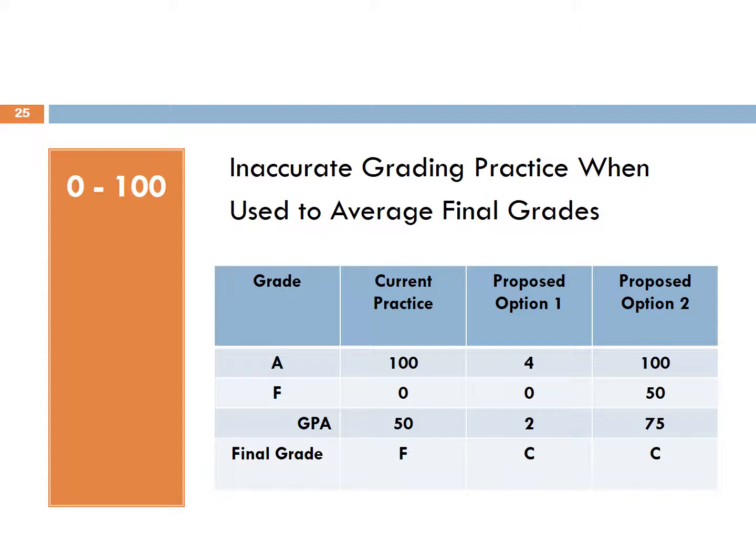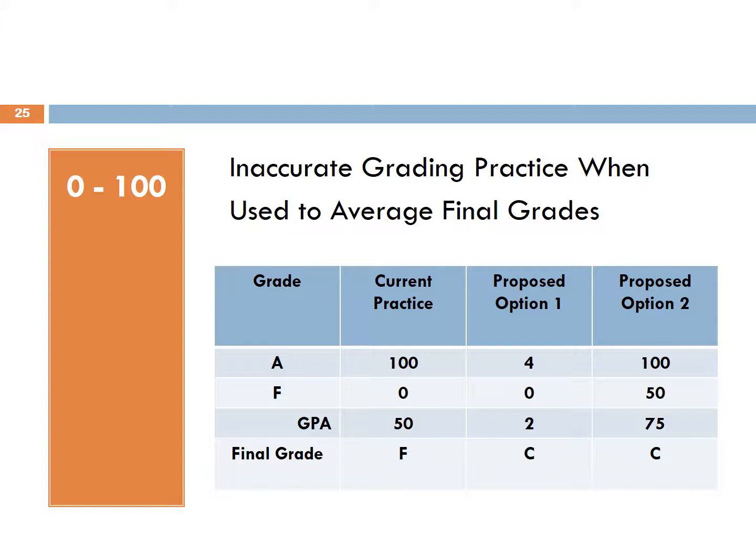The 2 grades of A and F for our current practice have A equals 100, F equals 0 for a GPA of 50. Final grade F. Proposed option 1, a 4-point scale.